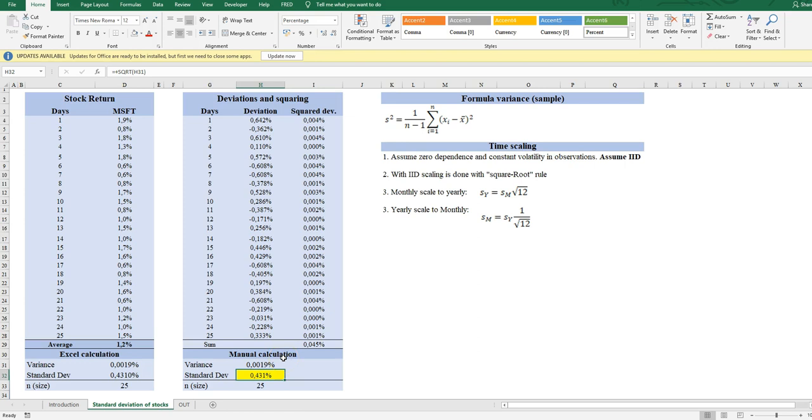So this is the way to calculate standard deviation and variance on a historical time series. And as I said, there's a slight difference if you assume that all these numbers are population numbers.